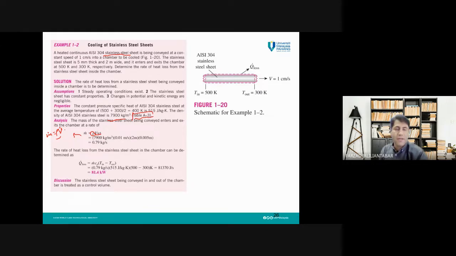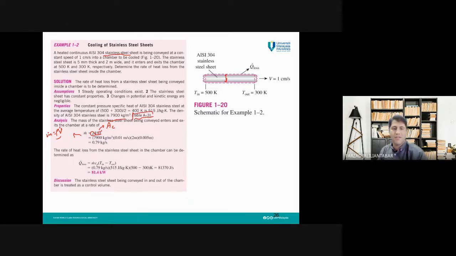And what is the volume flow rate? W is the width of this sheet, and t is the thickness. W times t is the cross section, A_c, and this cross section times V, the velocity of the sheet, will give us the volume flow rate.